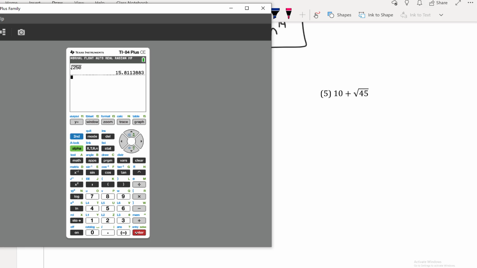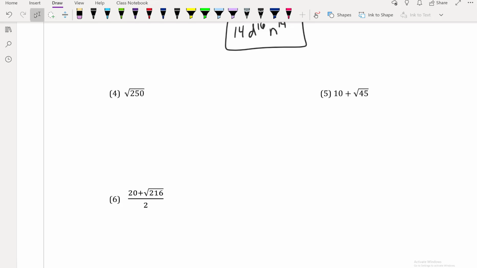So we are going to do a prime factorization of the number. So if I have the number 250, to break it down, I know I can say it's 25 times 10, which is 5 times 5, and 2 times 5.